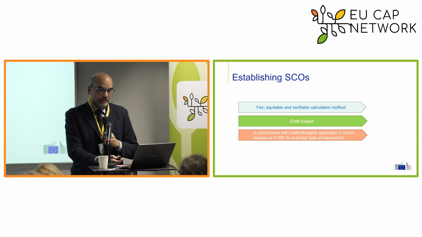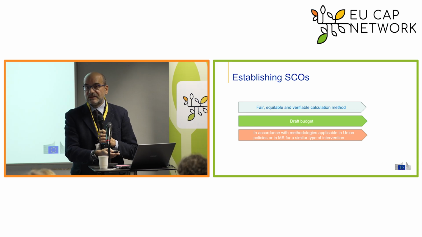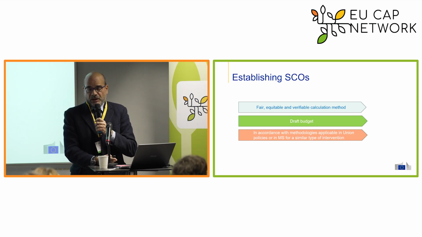So there are a couple of articles in the CAP strategic plan regulations about establishing simplified cost options. When we receive amendments of the CAP plans, sometimes there is a very vague indication. We want to introduce simplified cost options for this item, for this intervention, but there is no legal reference to any article of the CAP strategic plan regulation.